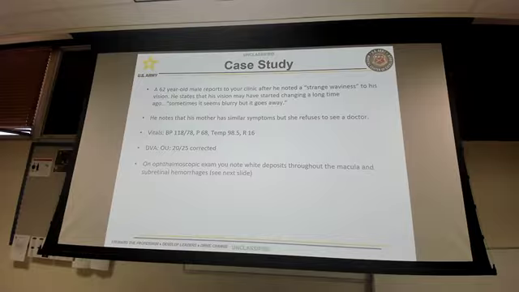Right. So from the optometrist standpoint, if you're measuring visual acuity, OU means both eyes together. They're seeing 20/25 with some sort of corrected lens. Looking inside the eye, you note white deposits throughout the macula, and there's some hemorrhaging in the subretinal layer.